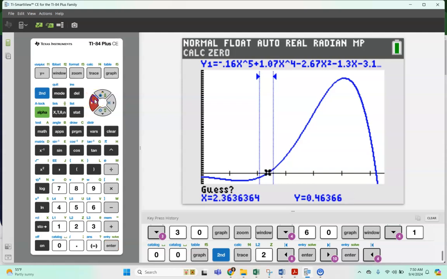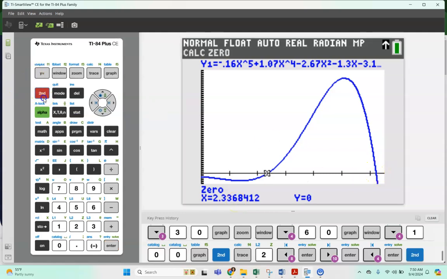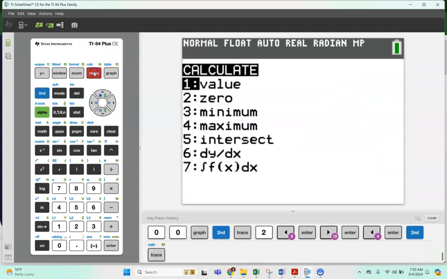Now guess. There you go. So my first zero is x equal to 2.337. Remember the rule, you want the thousandths, so you round up from the 8. Let's try the second zero right here on the right side. So I go to second, trace.